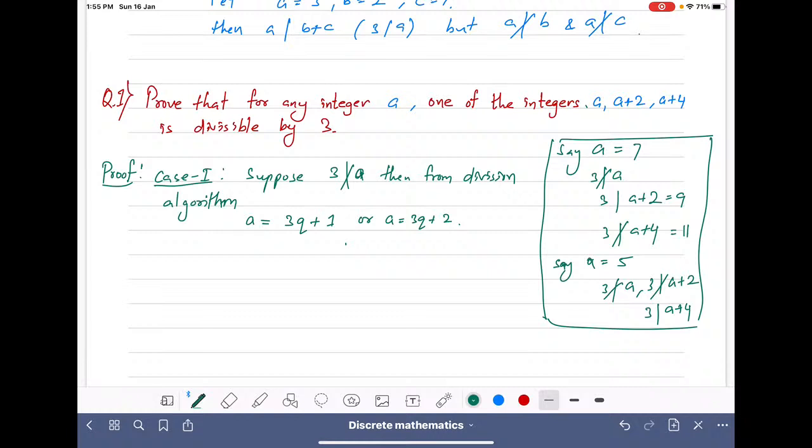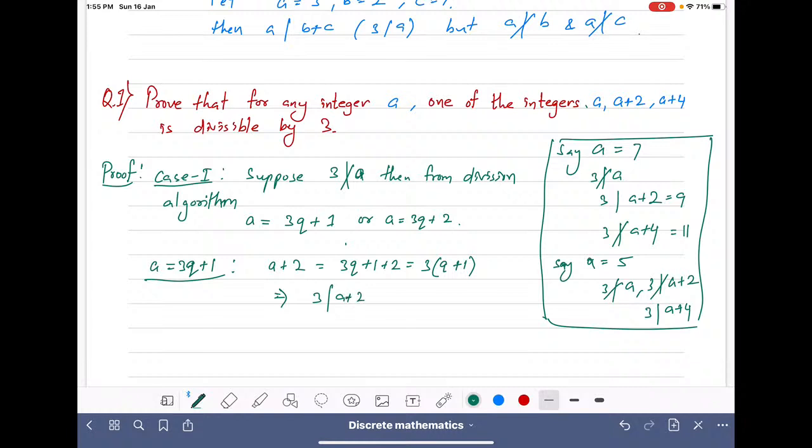The remainder r is either 1 or 2. It cannot be 0 as a is not divisible by 3. Now when a is of the form 3q plus 1, then a plus 2 is equal to 3q plus 1 plus 2, which is 3q plus 3, or 3 times (q plus 1). That means 3 divides a plus 2.